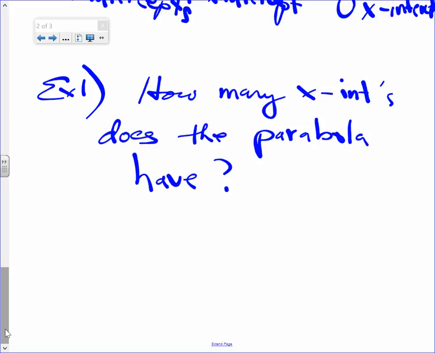I'm not going to have you guys graph any parabolas yet. I'm just going to throw the equations at you, and you need to know how many times it'll cross the x-axis before we graph it, just ahead of time. Here we go. Here's the one I'm going to throw at you. X squared plus 5x minus 10 is equal to 0. If I were to graph this puppy, how many times is it going to cross the x-axis? One time? How'd you do it so quickly?